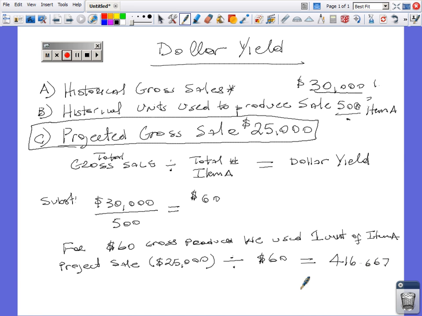We could round this number up to 417 units of item A.